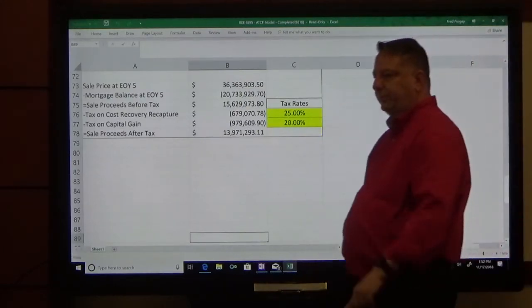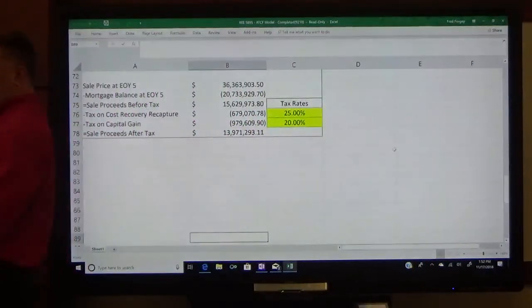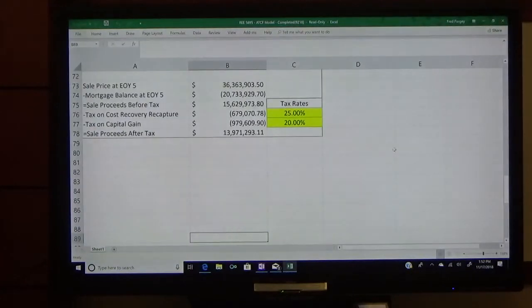Right. And that's part of the point, that there are all these different motivations. Once you understand that the tax law influences behavior, it's amazing to watch how people react to that.